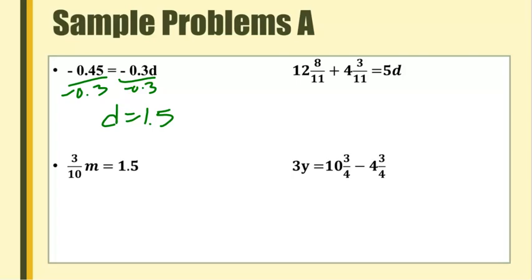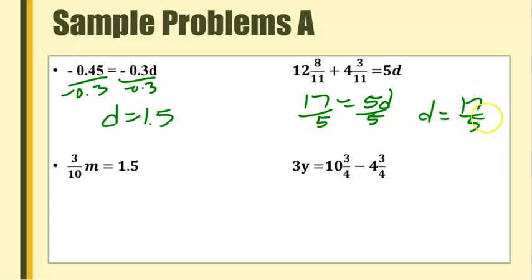So 12 plus 4 is 16. 8 elevenths plus 3 elevenths is 11 elevenths, which is 1. 1 plus 16 is 17, so I have 17 equals 5d. Divide by 5 to get d by itself, and d would equal 17 fifths.